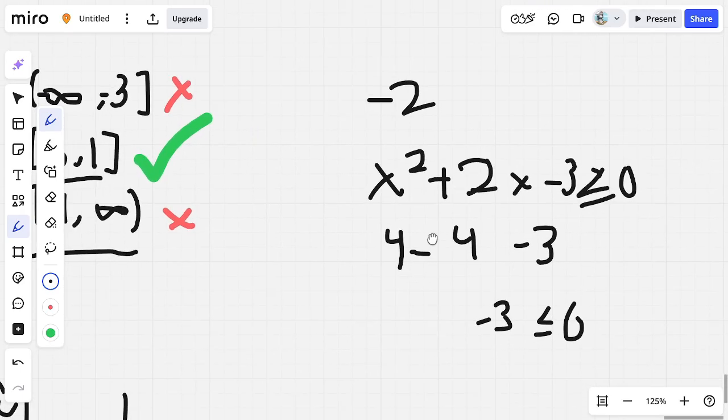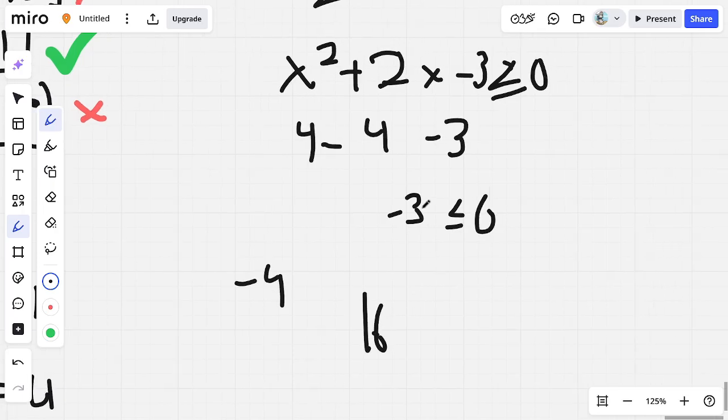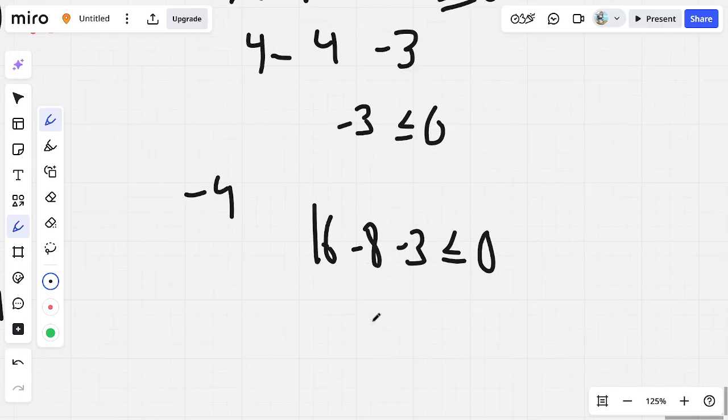But for example, -4 squared is 16 plus minus 8 minus 3 is less than 0. 16 minus 8 is 8, 8 minus 3 is 5, which is not less than 0.